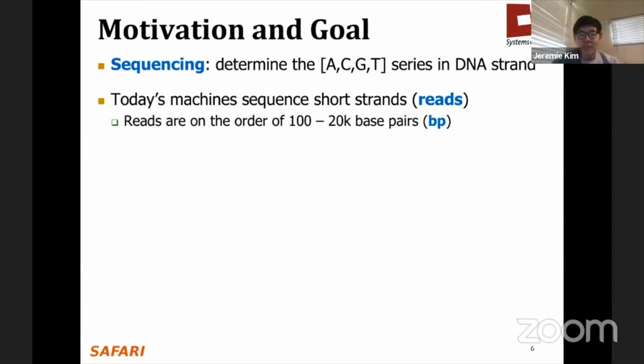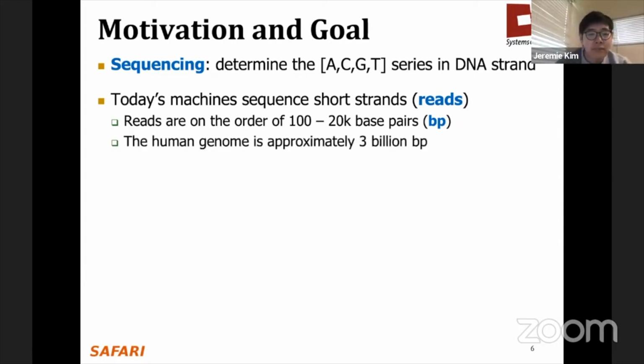I guess nowadays they can be longer, but that was what it was back in the day. As a general rule of thumb, sequencers that result in larger reads are more expensive and produce more erroneous reads, whereas the ones that produce shorter reads are cheaper and are more accurate. And so that's why we're basically focusing on these shorter reads in our paper.